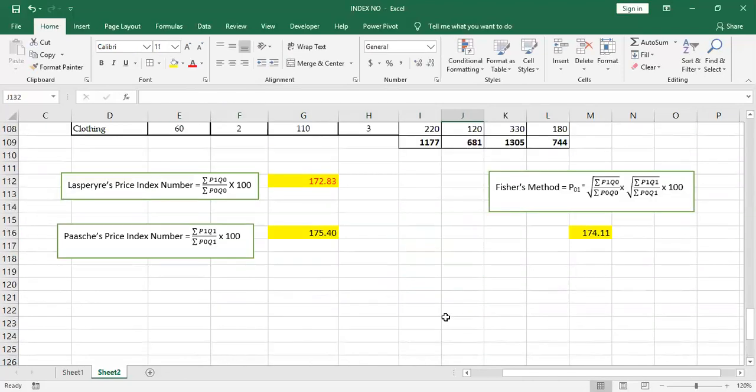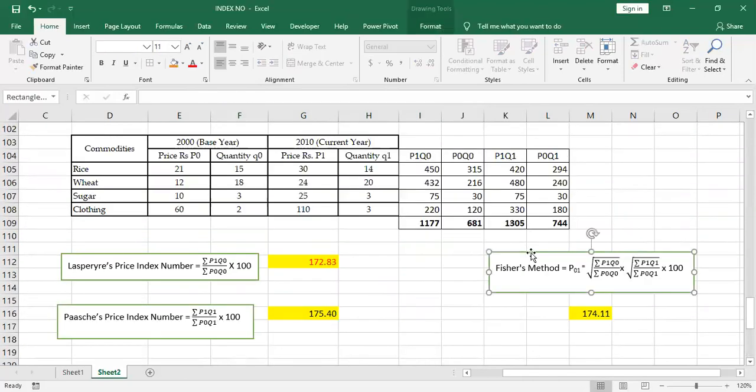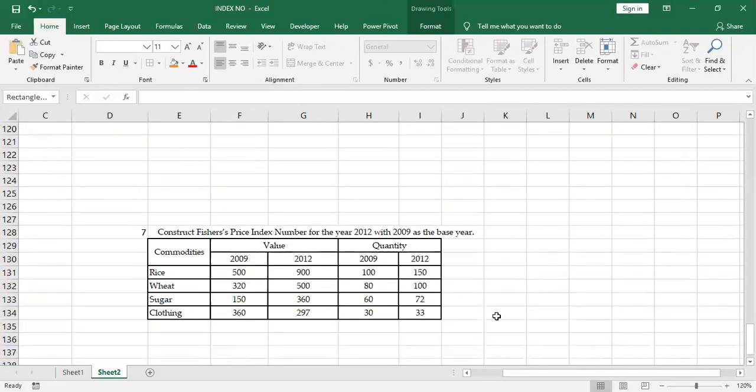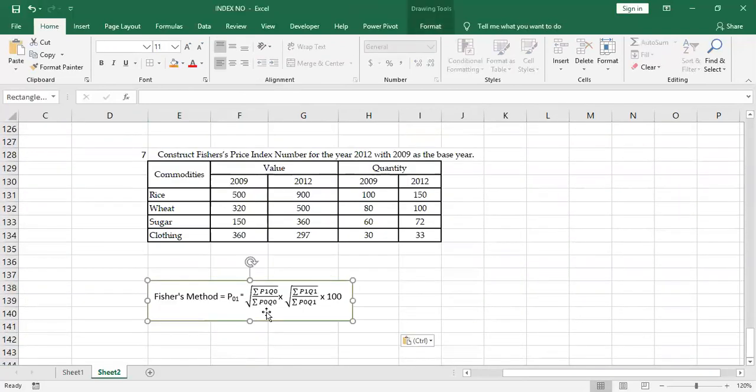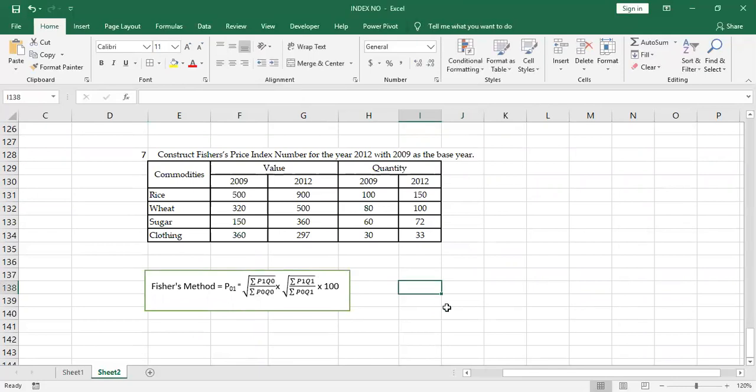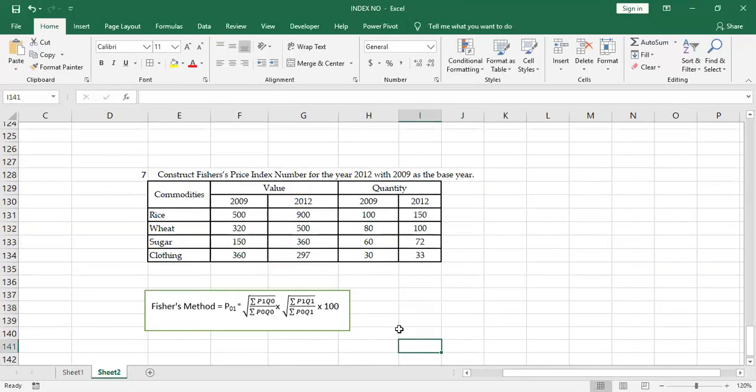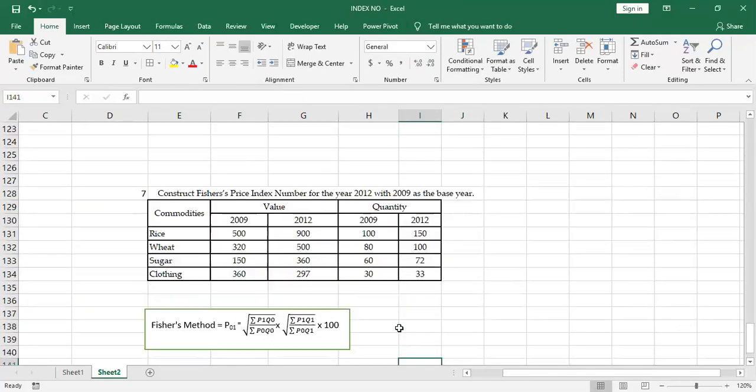What we have to construct? We have to construct Fisher's index by keeping the following information. They have given the quantity of base year and current year, but they have not given the price; they have given the value.